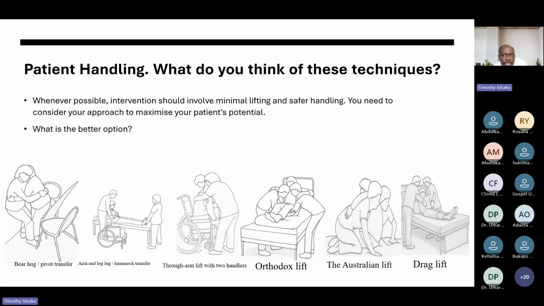While we're still thinking, I really want to hear a comment. If there are nurses on the platform, how do you maneuver patients? Well, everybody really, not necessarily nurses, but I know the nurses are also always involved in maneuvering patients.